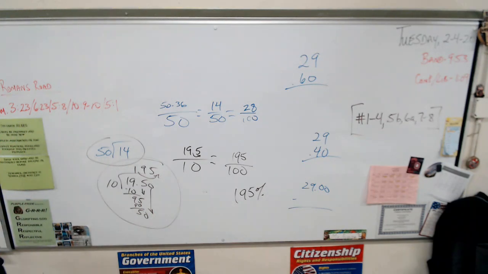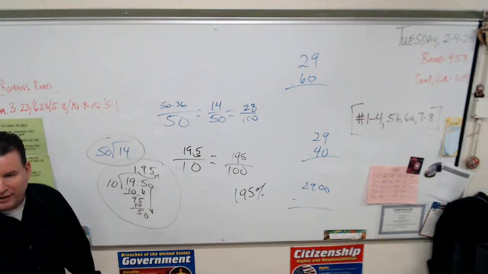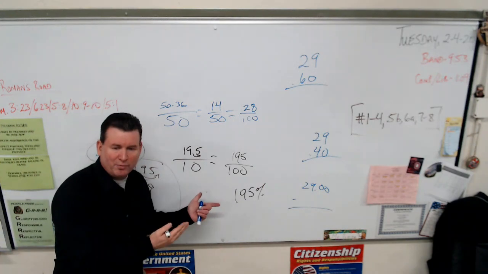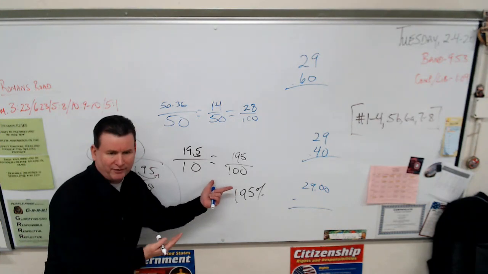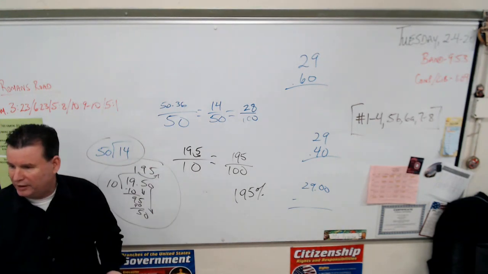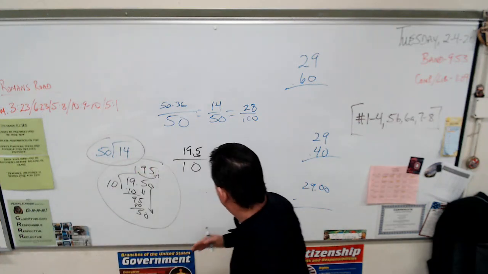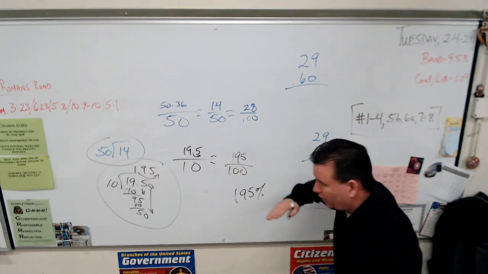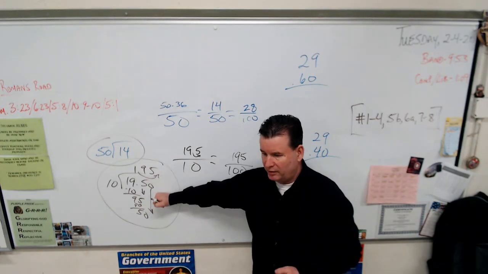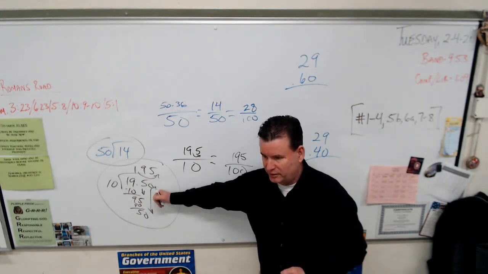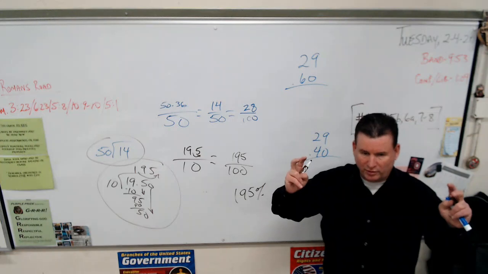Take the numerator, divide it by the denominator. I'm trying to show you, use math sense. You have a 10 as your denominator. It's easily multiplied by 10 to get to 100, because you know that percent means per 100. This is the shortcut way to do it.